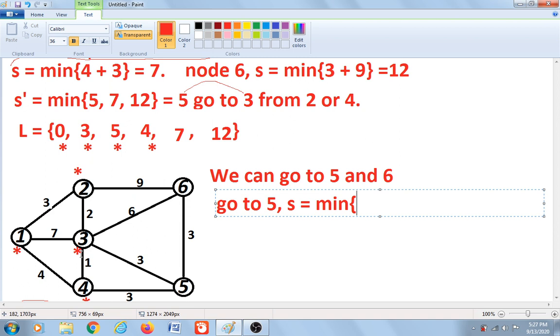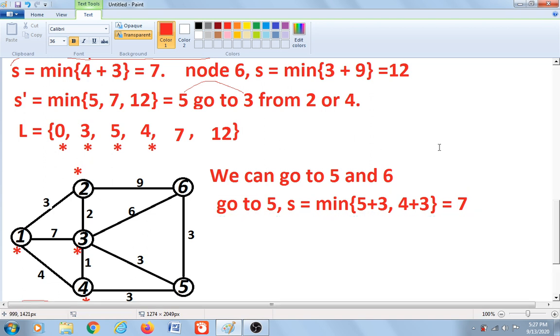From 3 the distance is 3, and for 3 here we have 5, so 5 plus 3. And from 4 the distance is 3, and for 4 over here we have 4, so 4 plus 3, and that is 7.